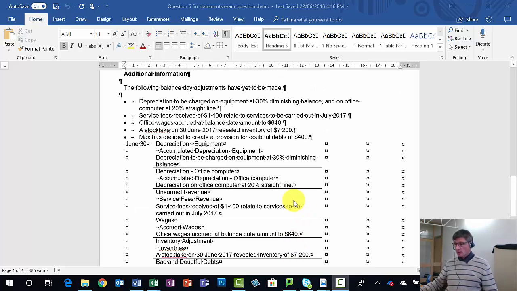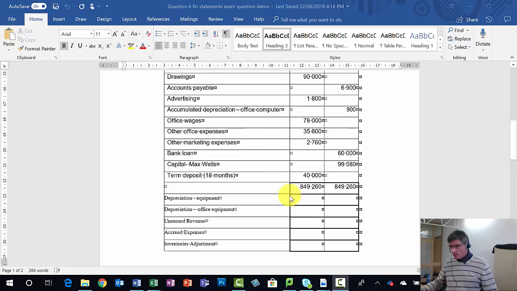Now you'll see that I have prepared myself, and these balance day adjustments you should make on a separate piece of paper. I would not risk just putting them in straight away into your trial balance.